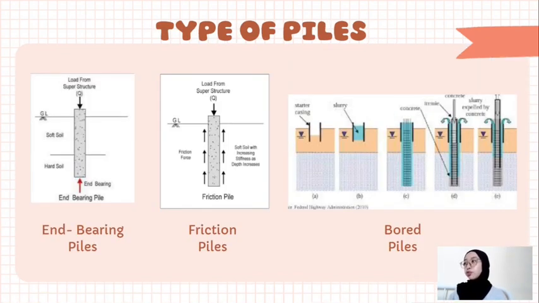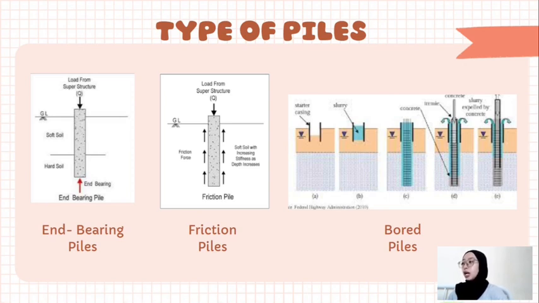Okay, next we move to the next slide, which is types of piles. So basically, when determining the best piling type for the project, building engineers need to examine a range of factors, including the depth of the excavation, the angle at which the piles need to be installed, and the environmental issues that impact the residents.